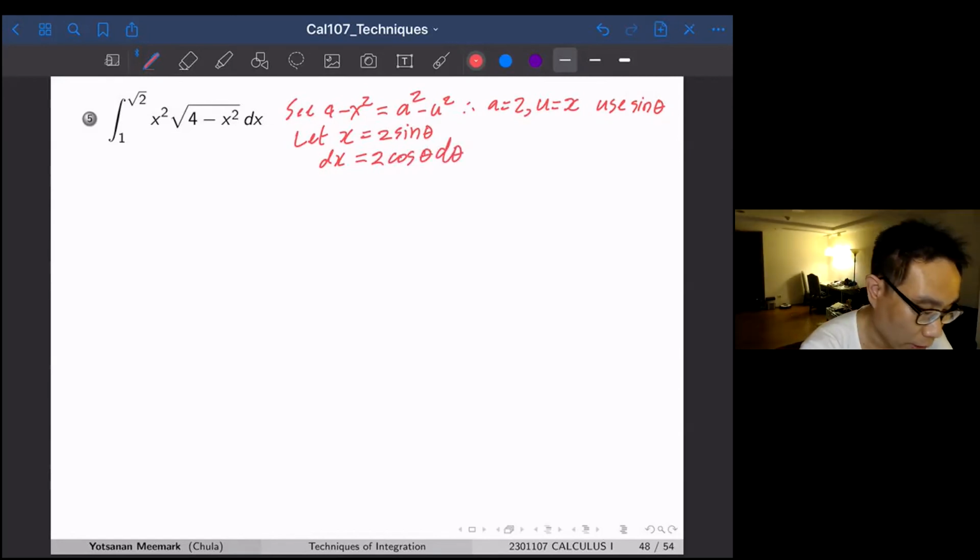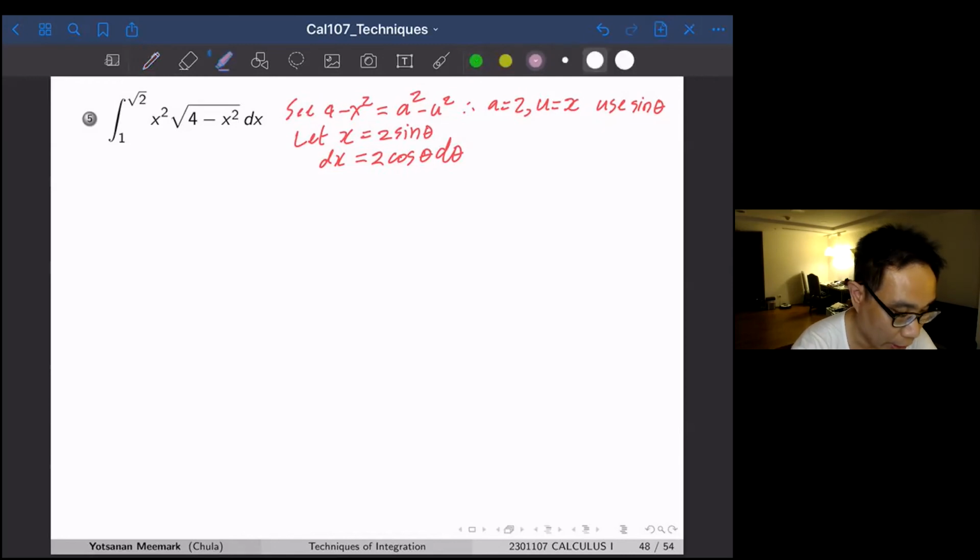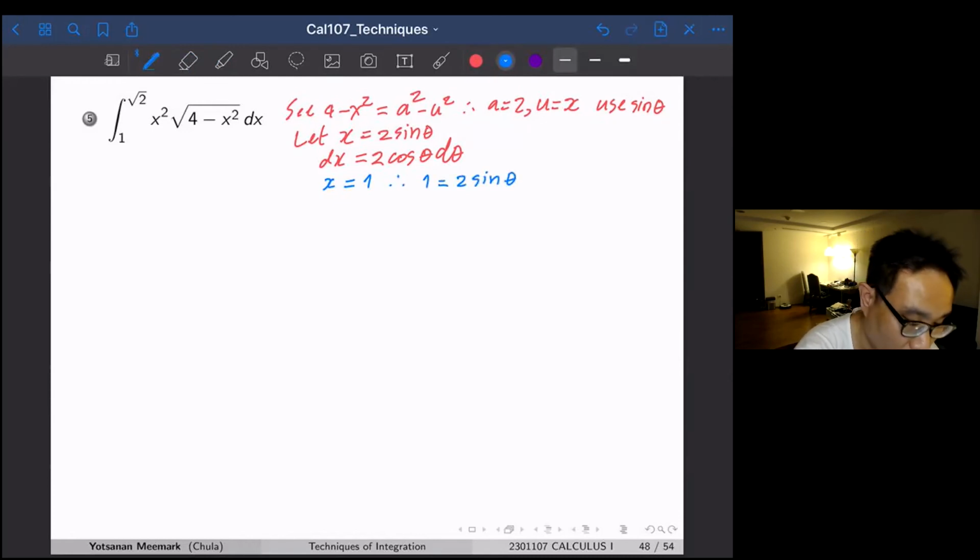We also have to change the limits. When x equals 1, you get 1 equal to 2 sine theta, so sine theta equals 1/2, and theta equals pi over 6.